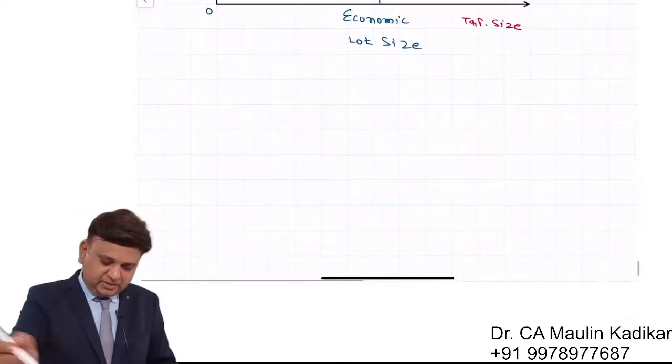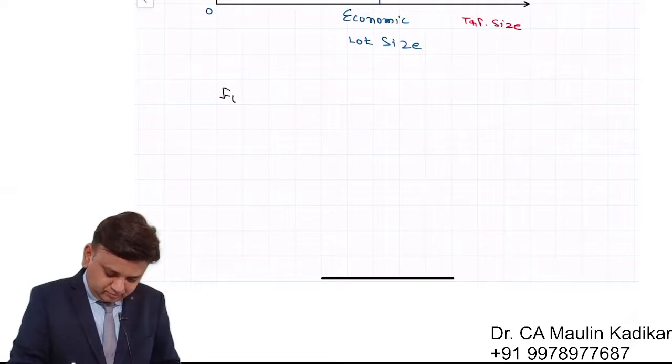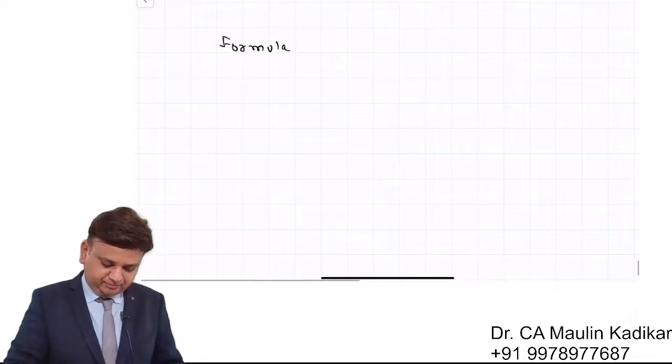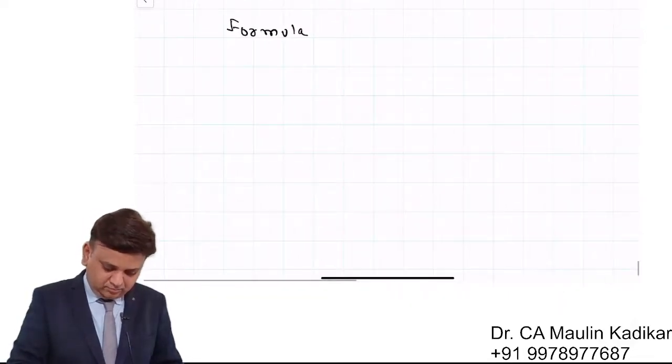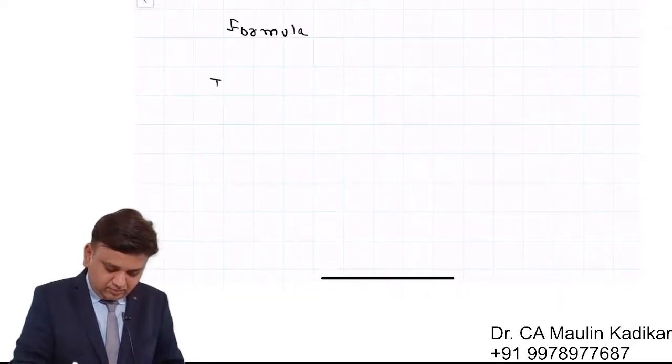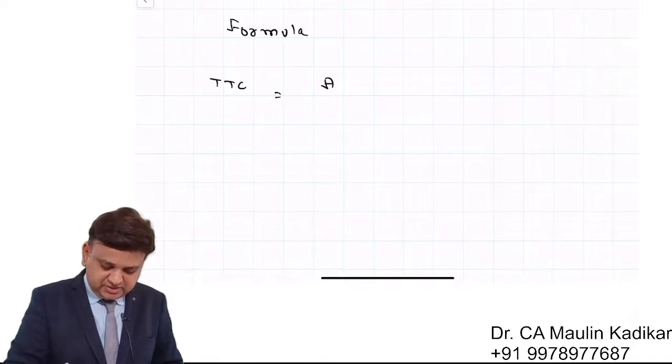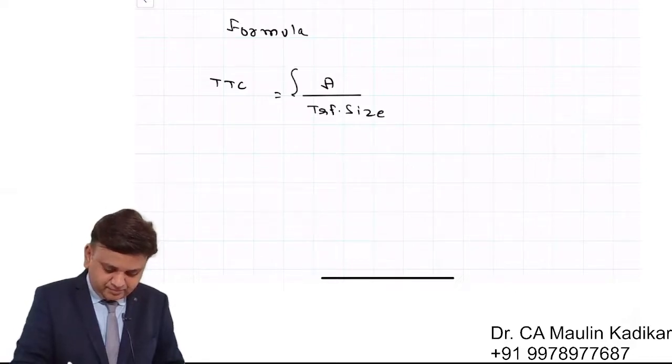Now write down the formula. The formulas are like this. Total transfer cost is equal to A divided by transfer size, that will give us number of transfers, into O, cost per transfer.